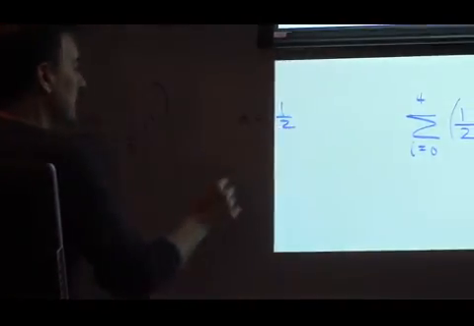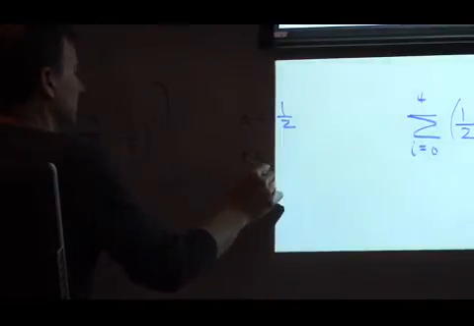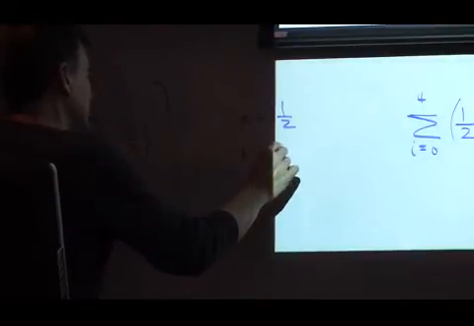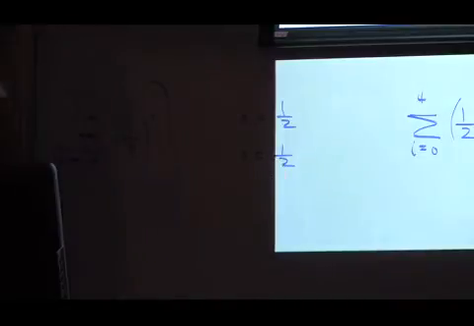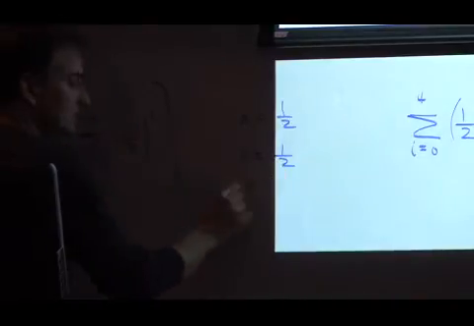So what's the first term? No, 1 over 2. So A is equal to 1/2. What's the ratio? 1/2. And what's the number of terms? n.